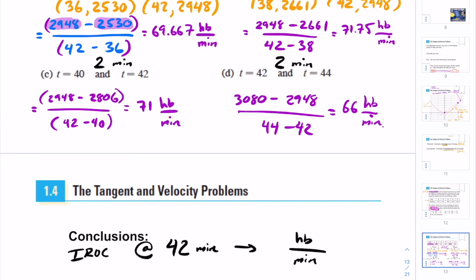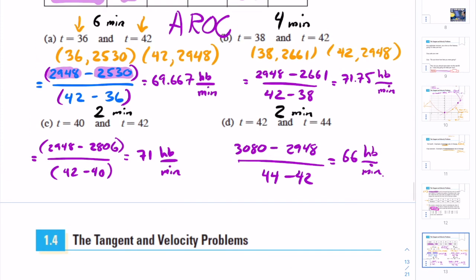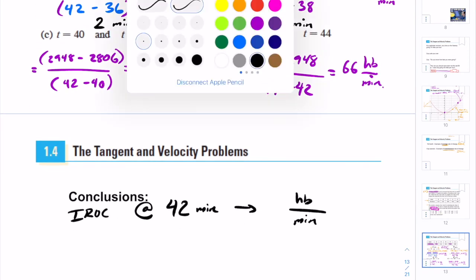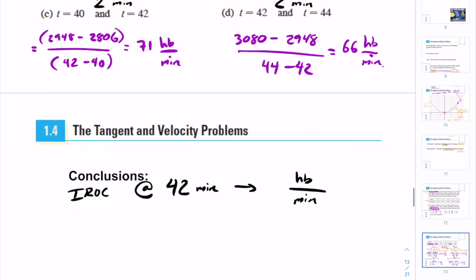So normally if you have a list of average rates of change, you would pick the one that's closest together, but in this case there's a tie. So what you would do is you would just find the average of the two. So here there's 71 heartbeats per minute and 76. So you would just find the average of the two, whatever that comes out to.